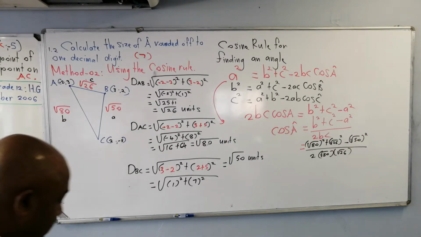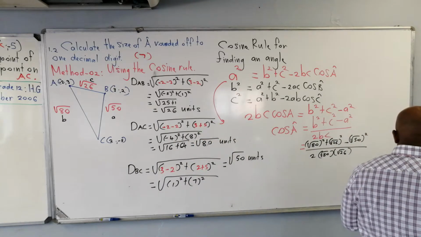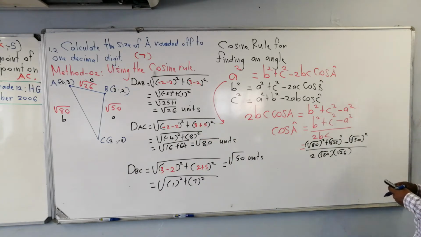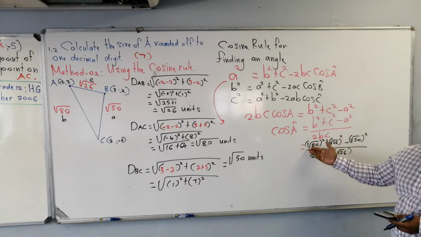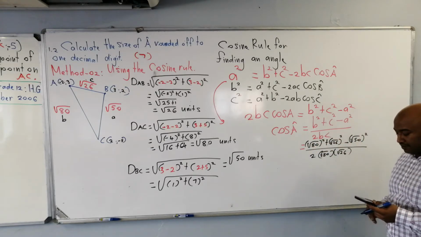Alright, so I got the square root of 80 squared plus the square root of 26 squared minus the square root of 50 squared. You don't really have to put the squares in the calculator, because when you square the square root, you're just going to have what's inside.